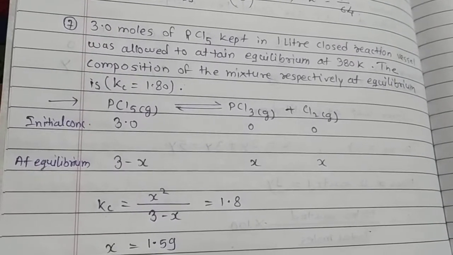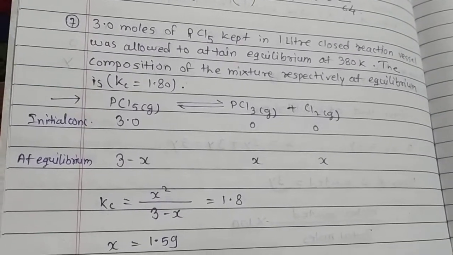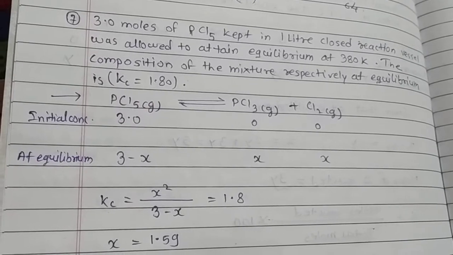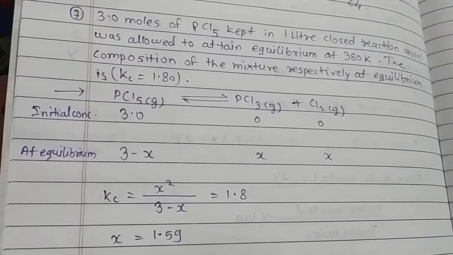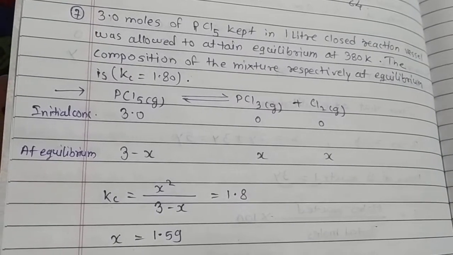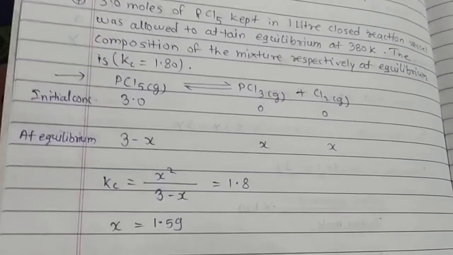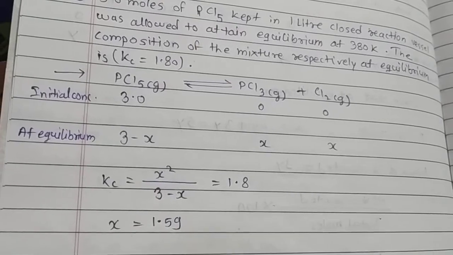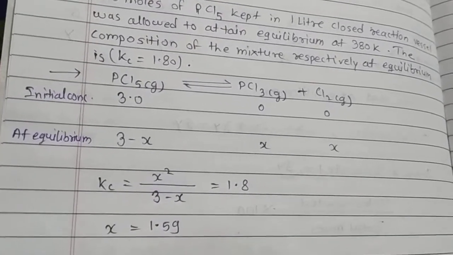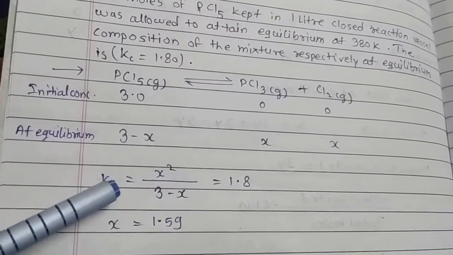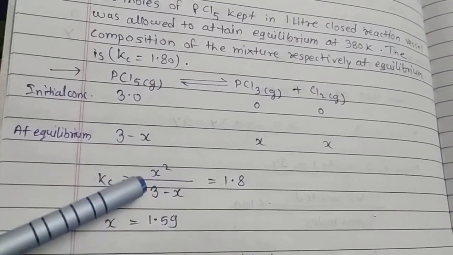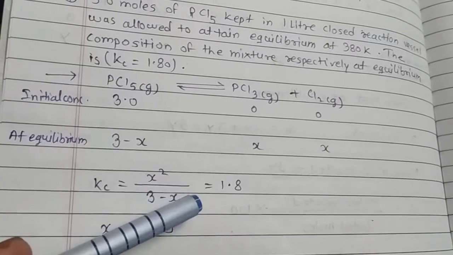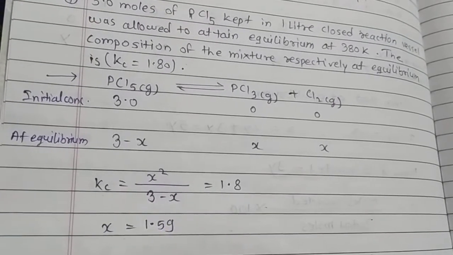And at equilibrium, the reactant will decrease by x, so 3 minus x, and product is formed, so x for PCl3 and x for Cl2. And then again use the same equilibrium constant formula. Kc is equal to product divided by reactant. So product is x, so x into x is x square divided by 3 minus x, and this value is already given, 1.8.